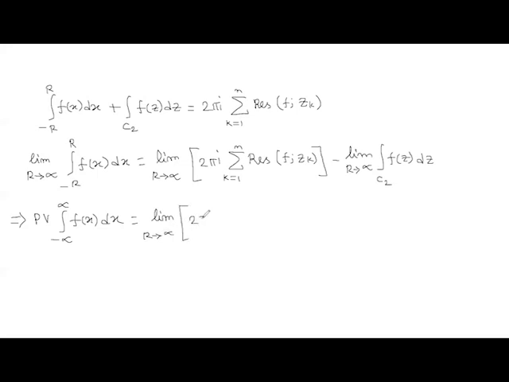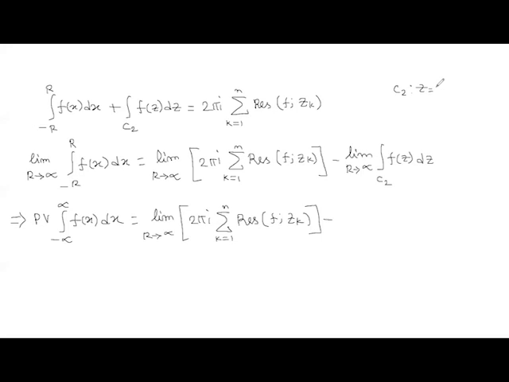This equals 2 pi i times the sum of all residues, minus the integral along C2, which is a circle with center 0 and radius r.